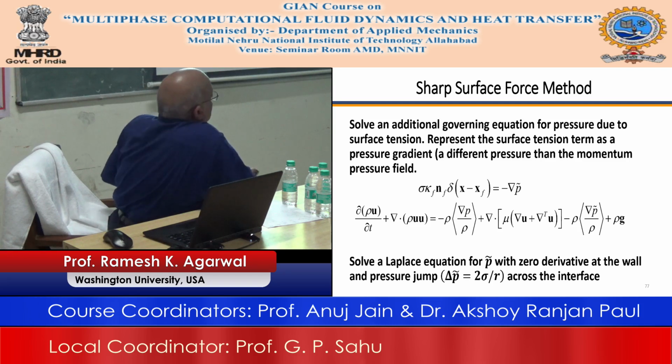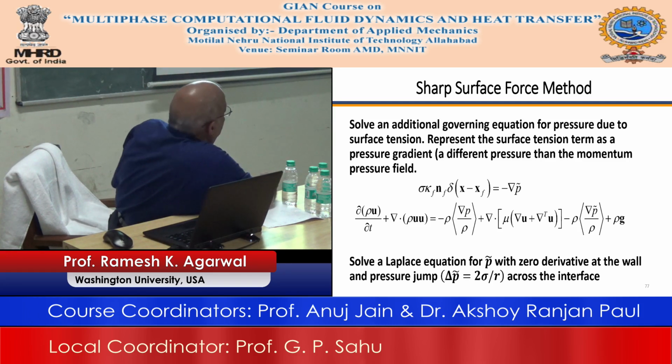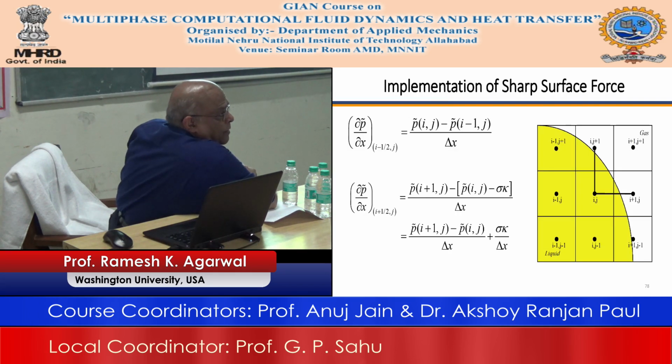Now, this is the question that I think you were asking, that this is the interface and these are the grids, all right. And this is a p hat, by the way. Remember, this is not p, this is this guy, surface tension.